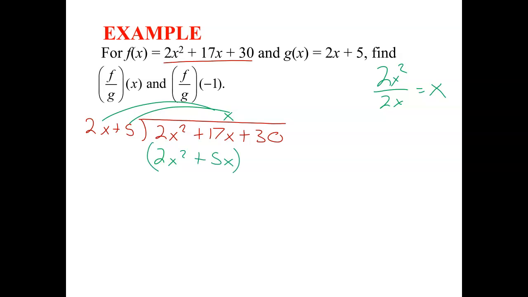Now what? We can subtract. Don't you have to bring down the 30?